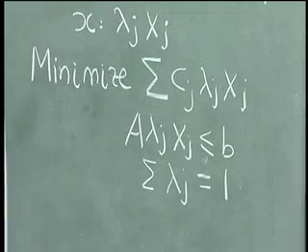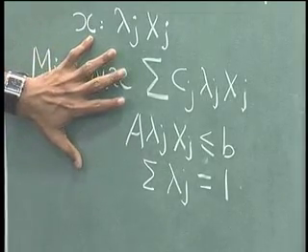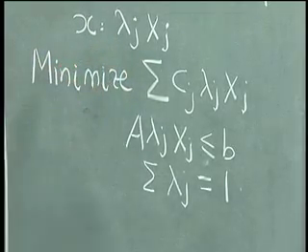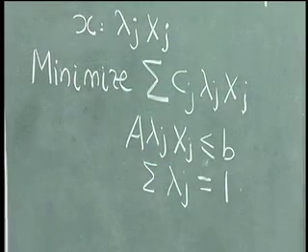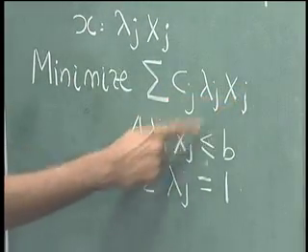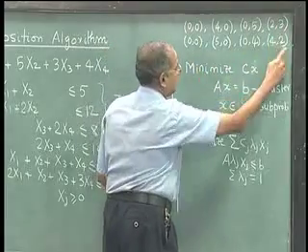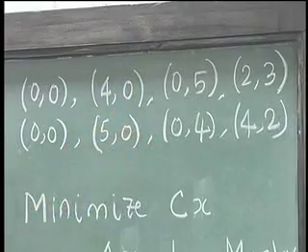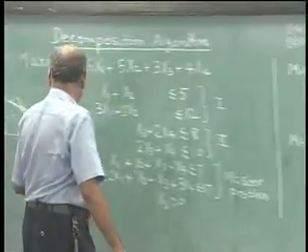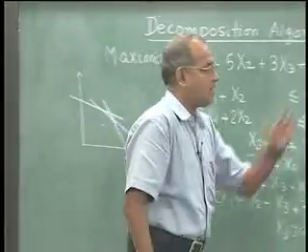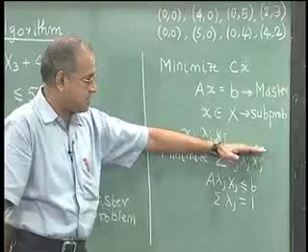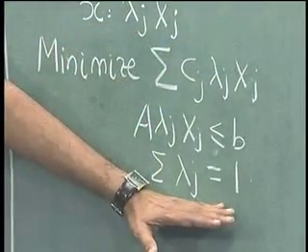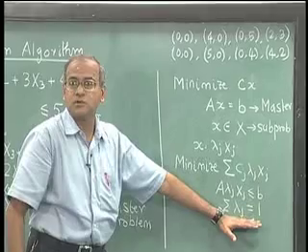Now, this is the problem that we are actually trying to solve. The only difference being all these xj's are corner points which are given here, and any point x inside this region which satisfies this set of constraints, optimizes this objective and has this lambda, is now the solution to the problem.